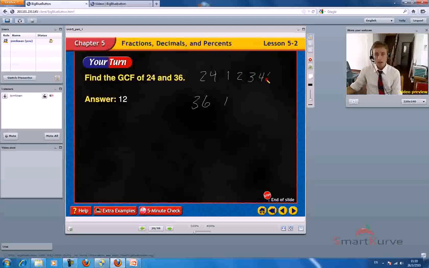Both are divisible by 1. 24 is divisible by 2, by 3, by 4, by 6, by 8, by 12, and by itself, 24. 36 is divisible by 1, by 2, by 3, by 4, by 6, by 9, by 12, by 18, and by itself, 36.